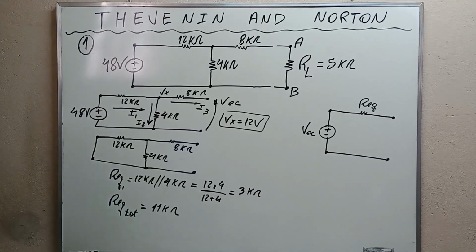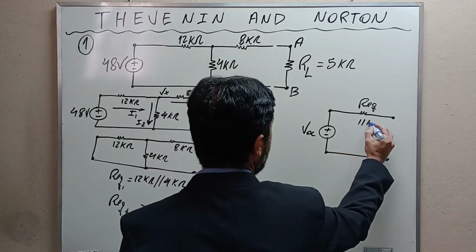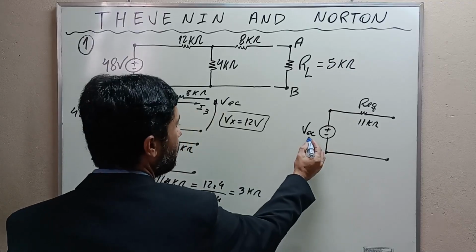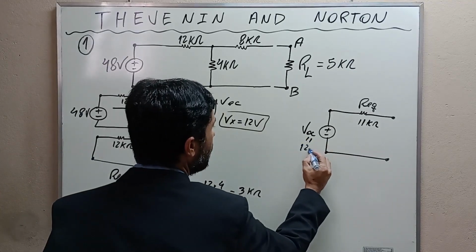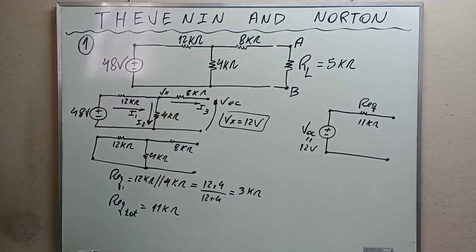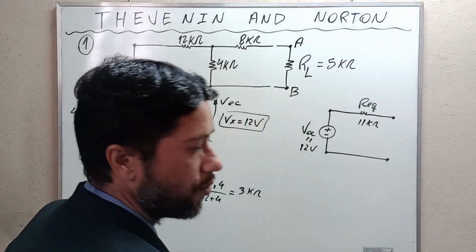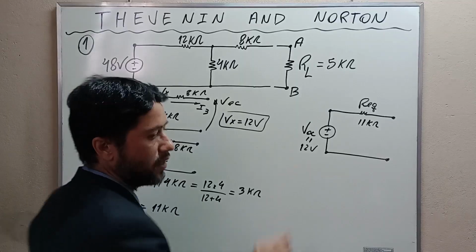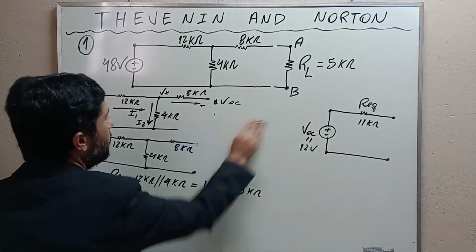And this is the equivalent resistance, 11 kilo ohms, and this is the open circuit voltage, which is 12 volts. Now we can calculate the voltage and the current at the load because we already have the Thevenin's equivalent circuit. Let's do it.